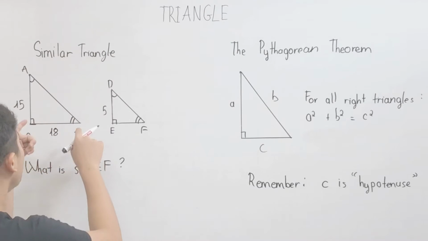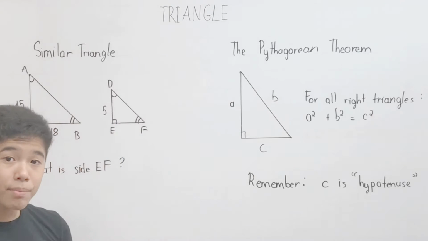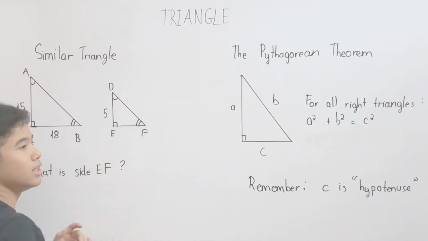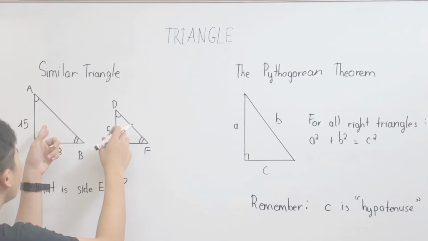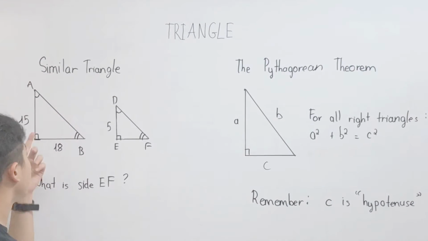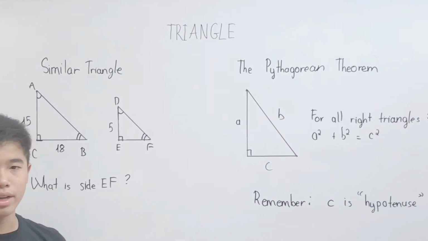Let's see right here, all the angles are the same. Remember in the SSAT test, if the marks right here look the same to each other, it means the angles of the 2 triangles are the same.